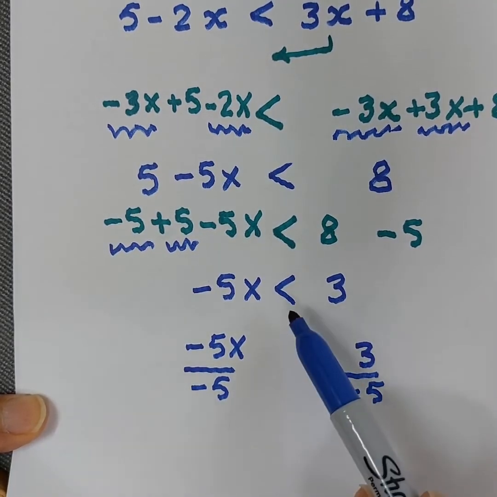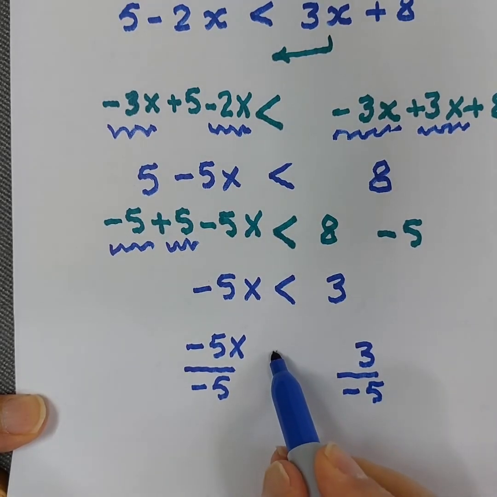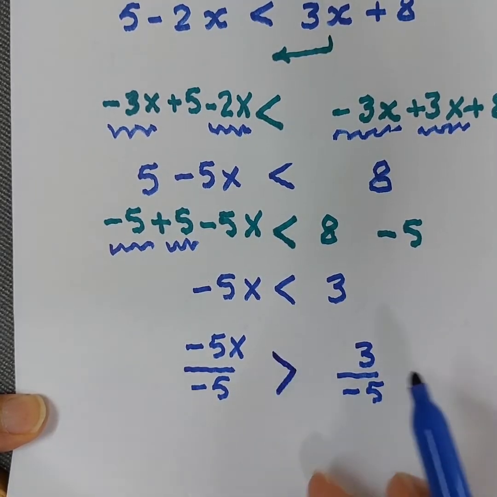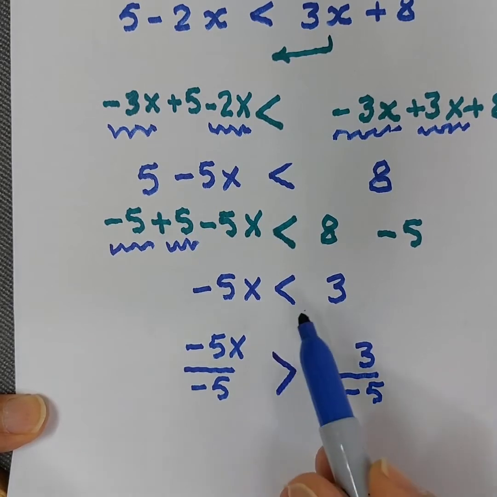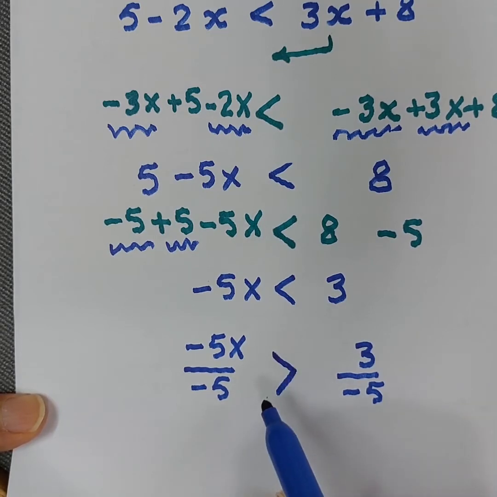Now the sign of inequality will be opposite. It will change from less than to greater than. This happens every time we multiply or divide by any negative number.